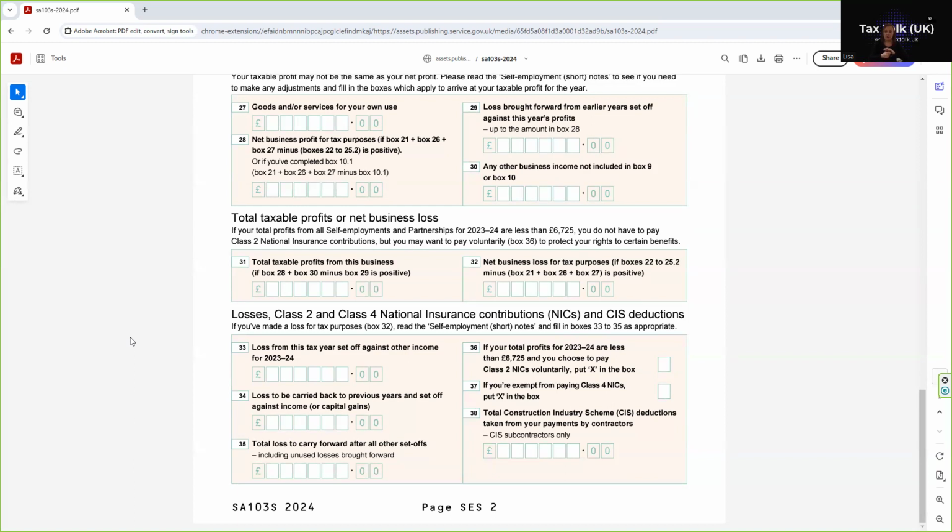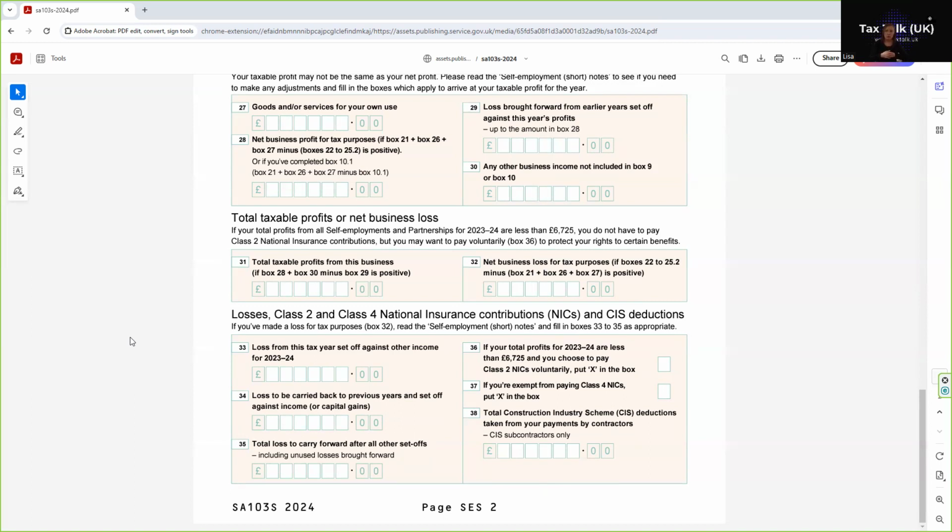And for class 2 national insurance, this is where you have the option to pay class 2 voluntarily. As you will be aware, with the phasing out of class 2 national insurance, there is a band of income currently where you would be liable for class 2 national insurance, but it is treated as paid.